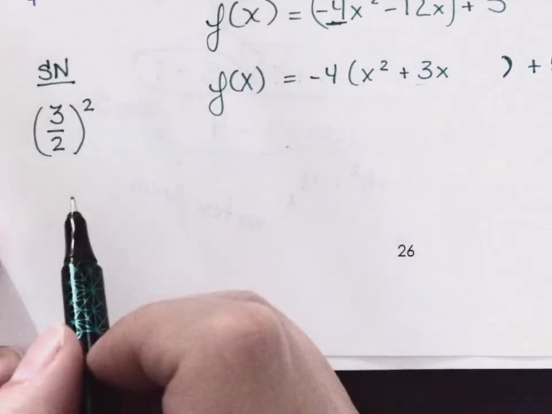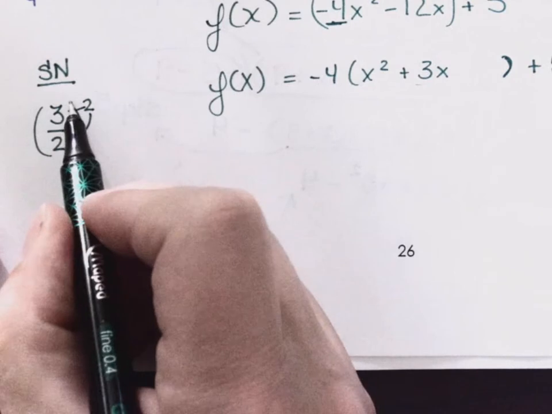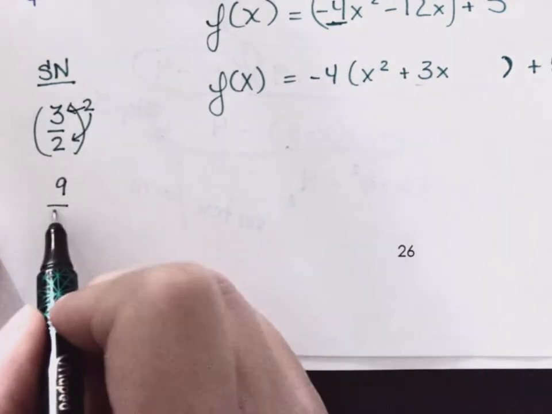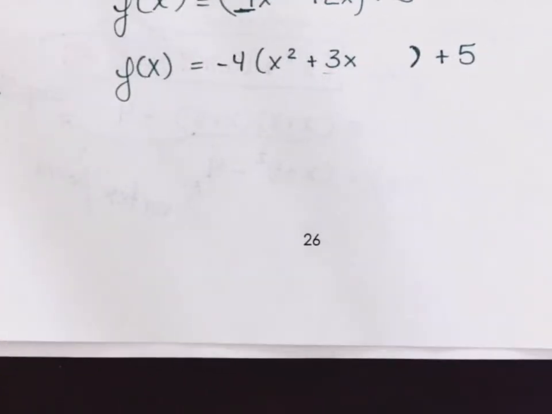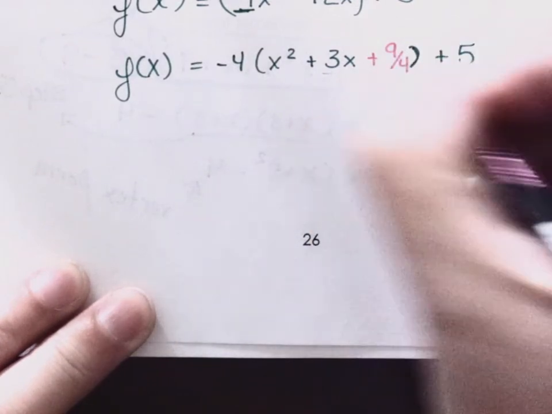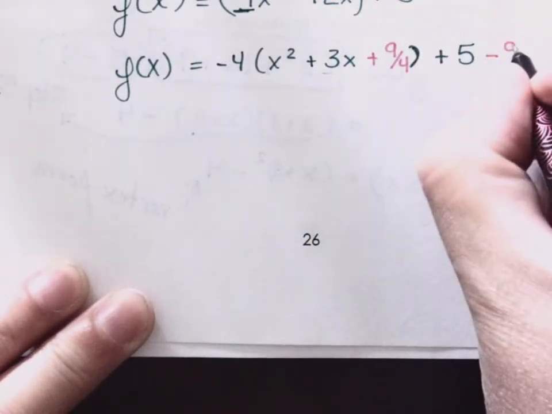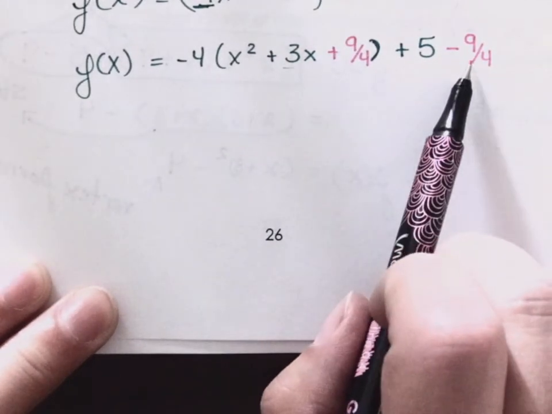Okay, so if I square this, this goes here and here. So this is going to be 9 over 4. You guys would agree with me? Yes? Okay, I squared it okay. So that means I add 9 over 4 in here, and I minus 9 over 4 out here. But what do I have to do to this 9 over 4?